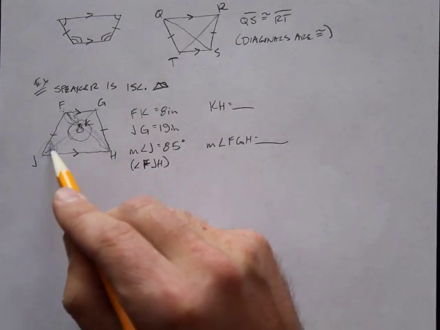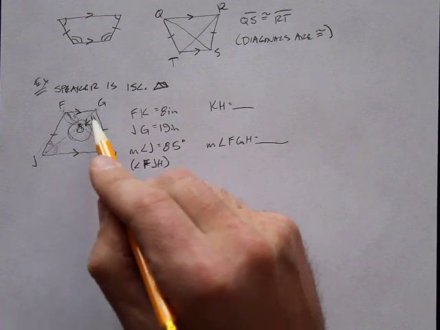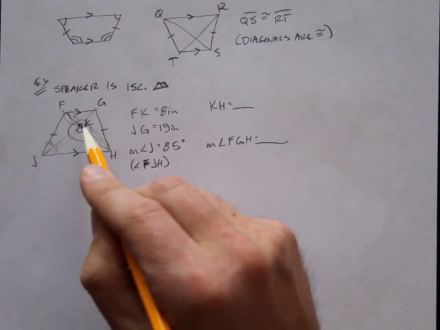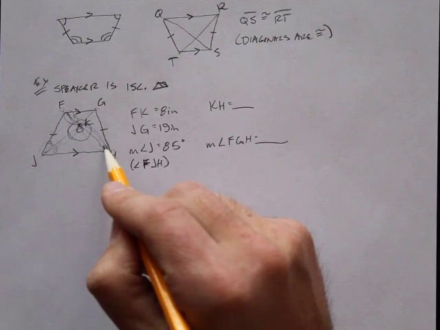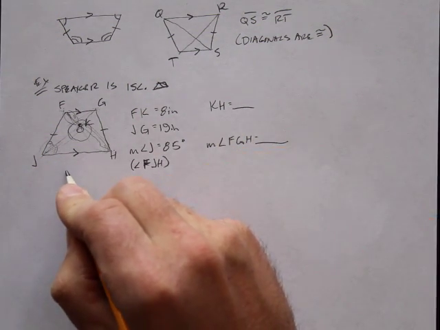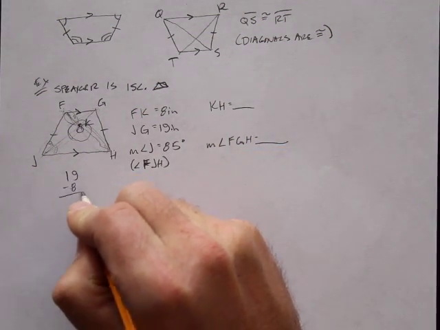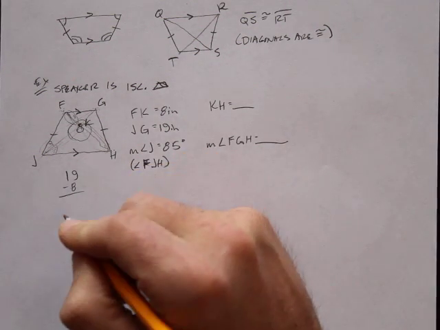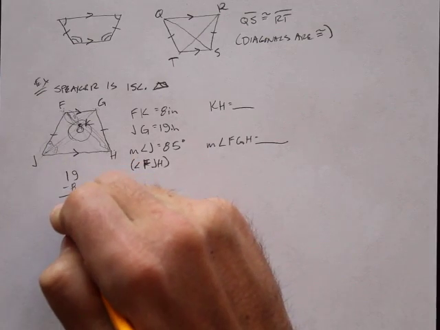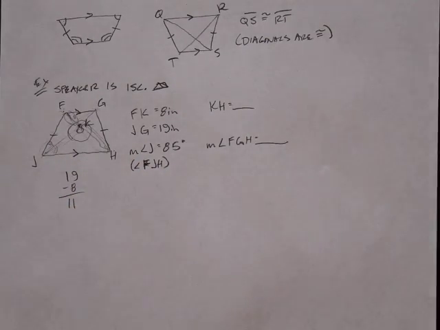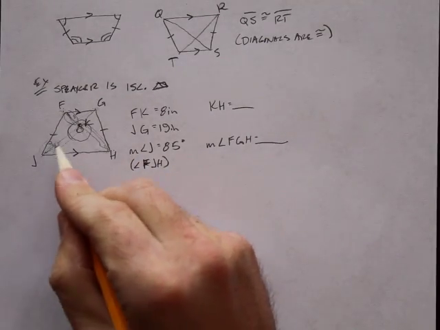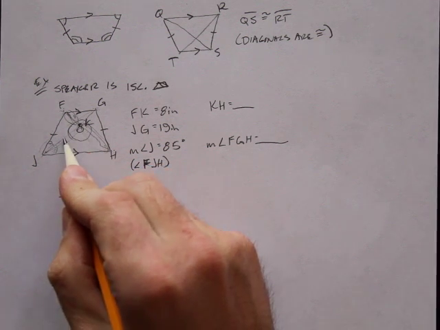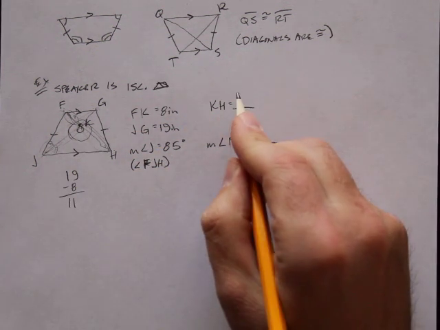So I just need what's left over, which is this piece, because these are congruent to one another. So all I have to do is say 19 minus 8 is, what's 19 minus 8? I've lost my mind. 11. And so that means JK is 11, KH is 11.